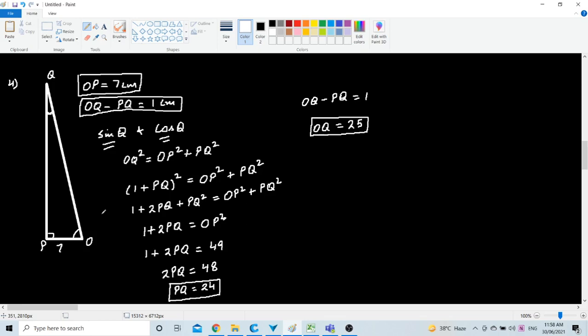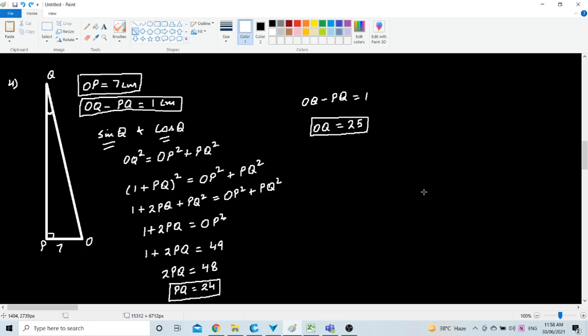So what you have to do is again the same concept that you used for the first question. Let's say you have this triangle, you have to rotate it so that you get the angle for the base.